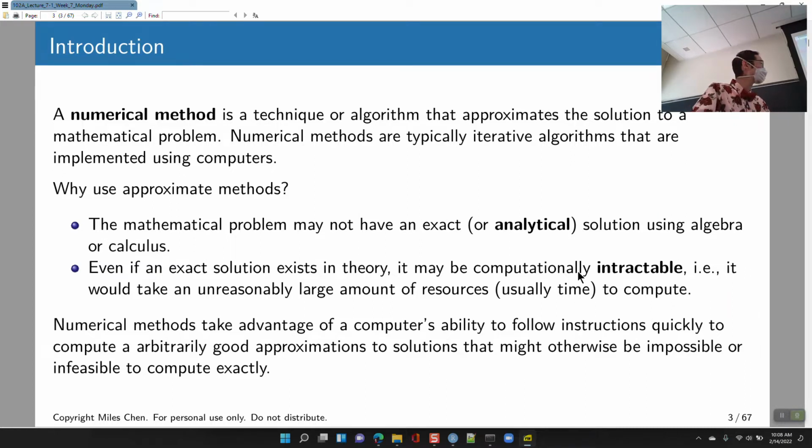So, why would we want to do this? Sometimes you have a math problem that doesn't have an exact or analytic solution that you can arrive at using either algebra or calculus. Or maybe it does exist, right? Even if an exact solution does exist in theory, it could be computationally intractable. It could be really hard to get, or take an unreasonable amount of computing power.